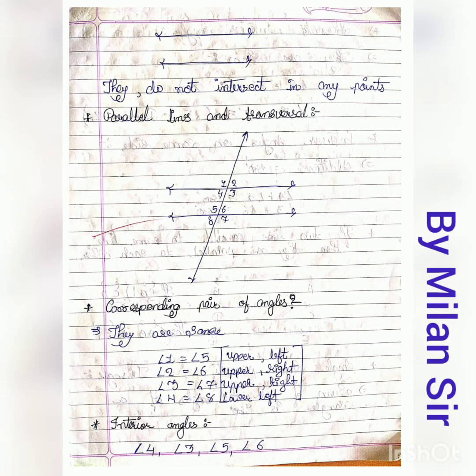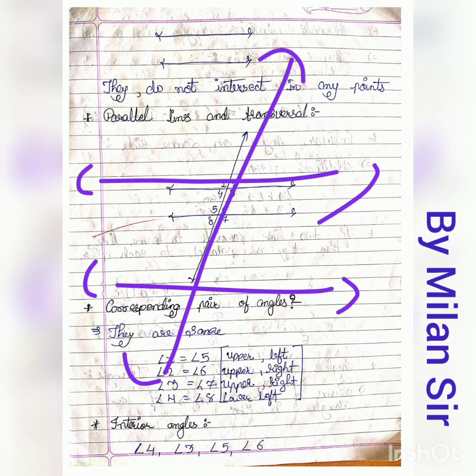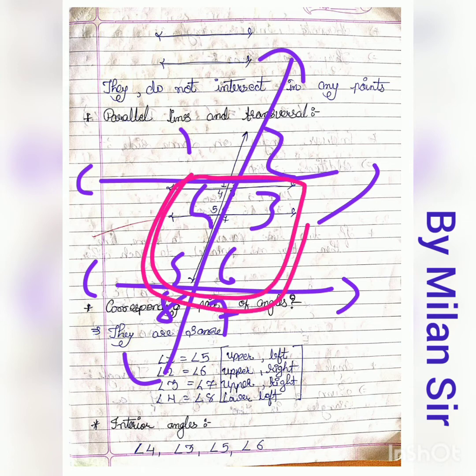After that, interior angles and exterior angles. If we draw two parallel lines and a transversal, now these are the interior angles because they lie in the interior part of both the parallel lines. These four angles are called interior angles.